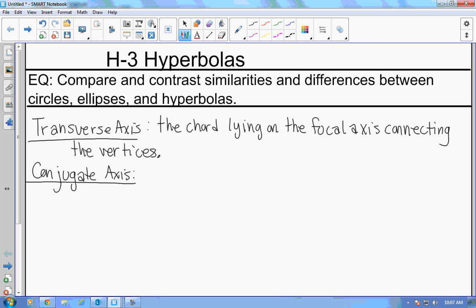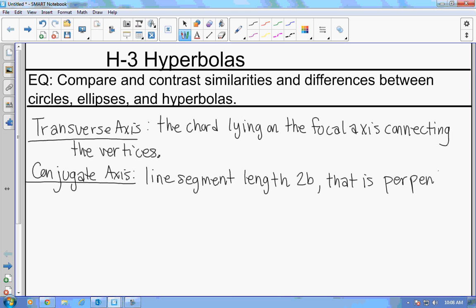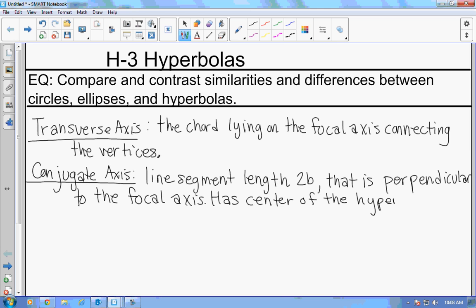This is a line segment of length 2b that is perpendicular to the focal axis, and has the center of the hyperbola as its midpoint.